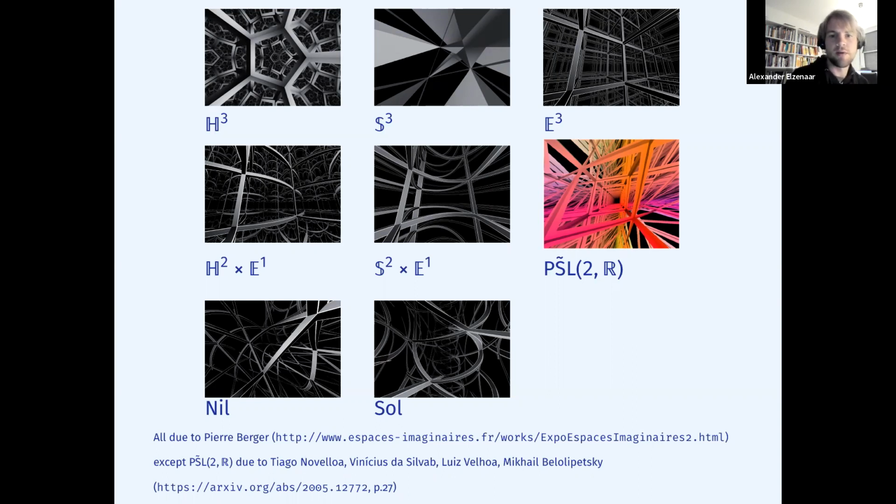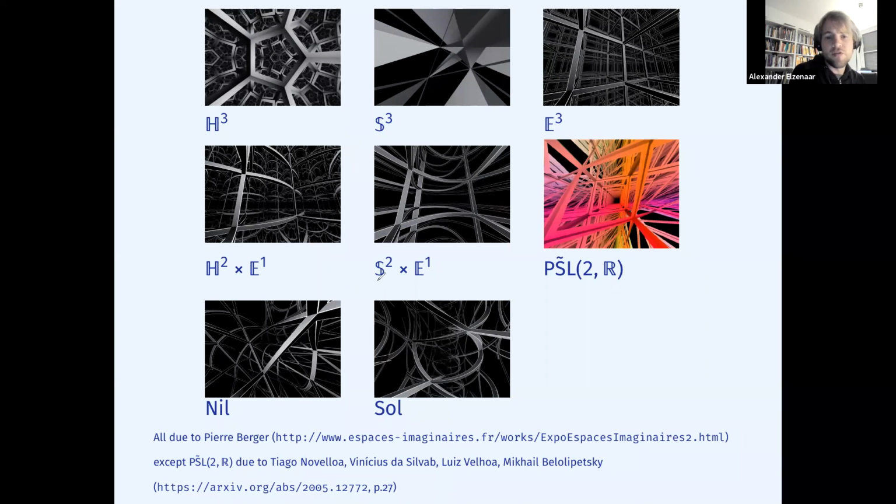There are the ones which you're familiar with up the top: hyperbolic, spherical, and Euclidean, but this time in 3 dimensions. And then there are some fibered ones. You can take H2, so you take copies of the hyperbolic plane, but then your third axis is just normal non-curved lines.